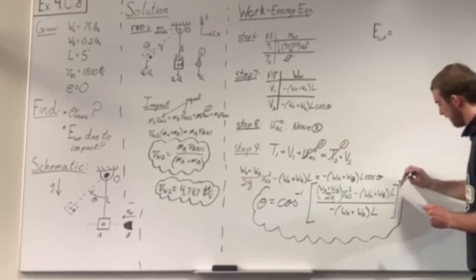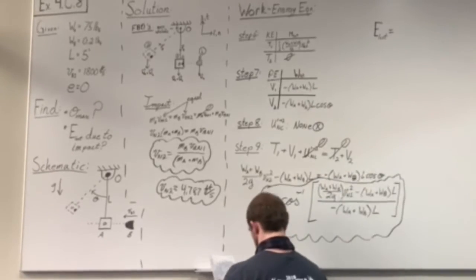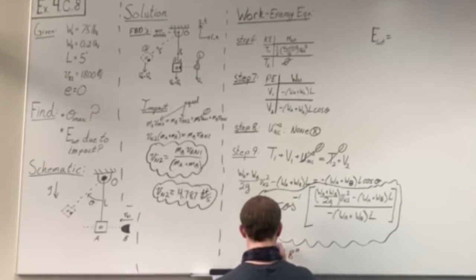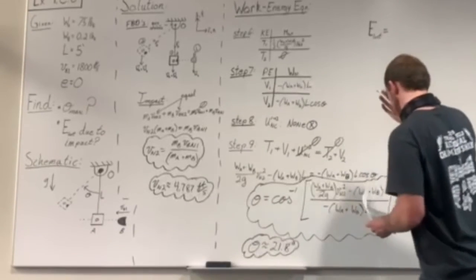So that equation there will get you your theta max. And we got an approximate value of 21.8 degrees.